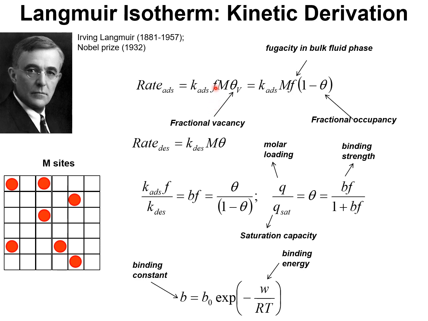We could also use the partial pressure, times the rate constant K ads. The rate of desorption is proportional to the number of occupied sites, which is m times theta, and the constant of proportionality is K des.